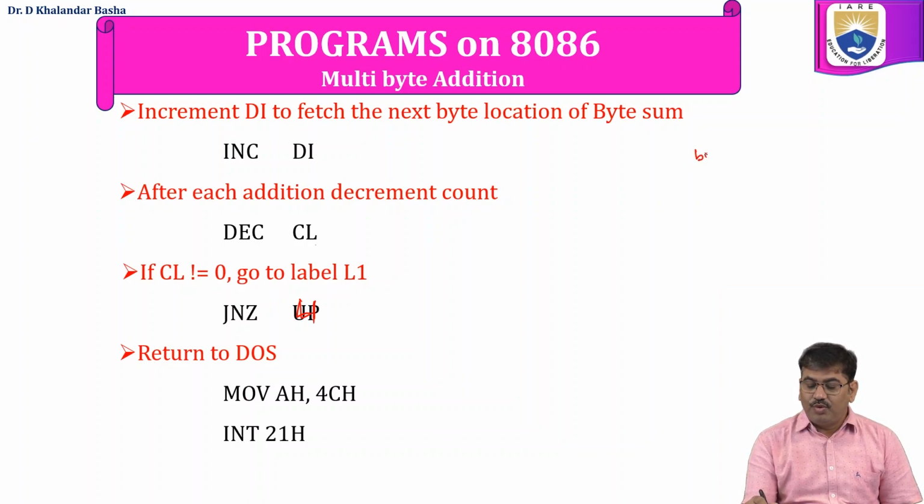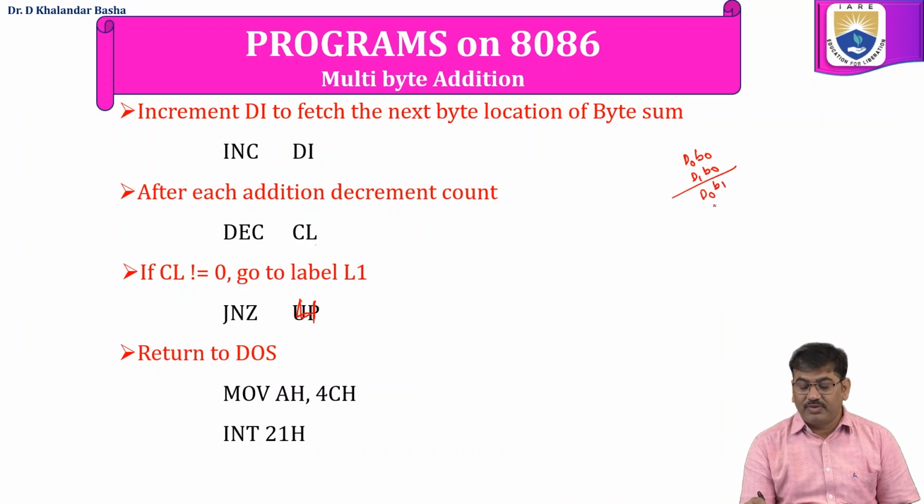In this program, byte 0 of D0 will be added with byte 0 of D1. After this addition, we go for byte 1 of D0 and byte 1 of D1. After that, byte 2 of D0 and D1. Then byte 3 of D0 and D1.